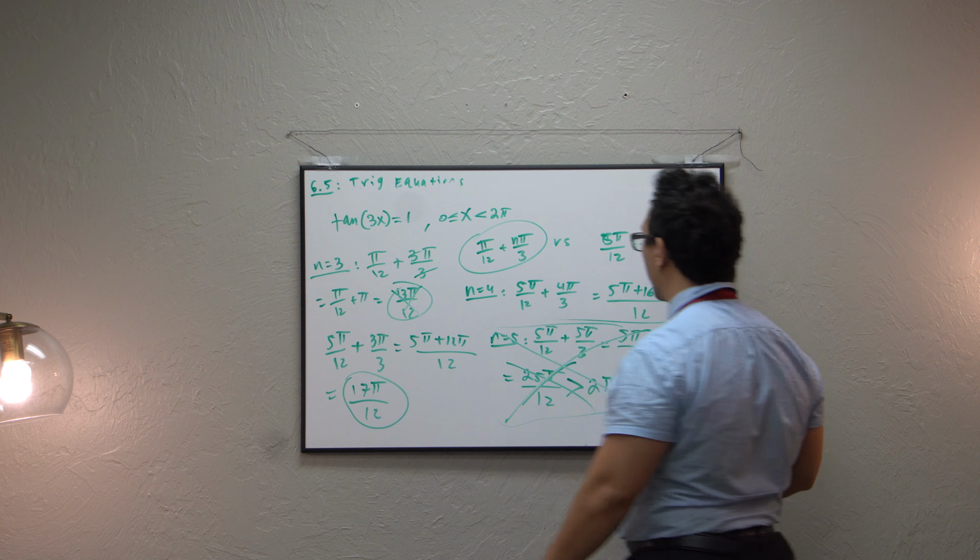Okay? So the only values that remain are 21 pi over 12, 17 pi over 12, and the ones that we recorded earlier. So whenever you have problems like this, what you need to do is first solve for x. And then whether you have a tangent or sine or a cosine, you have to add n times their period.